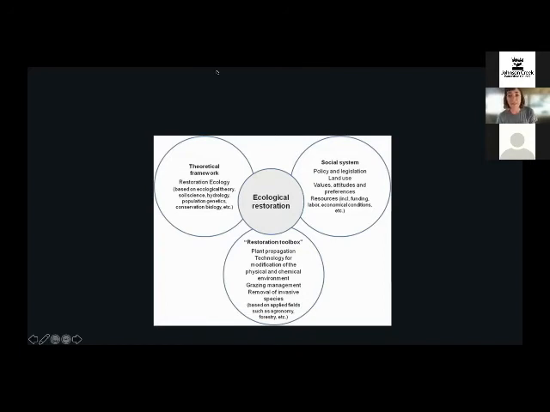And then there's, of course, the social system that we are working within, and that includes understanding the policy and legislation, the values, attitudes, and preferences of stakeholders, and how to work within budgets and allocate resources efficiently. So these were all things that I really wanted to impart upon my students who are interested in going into the field of ecological restoration.